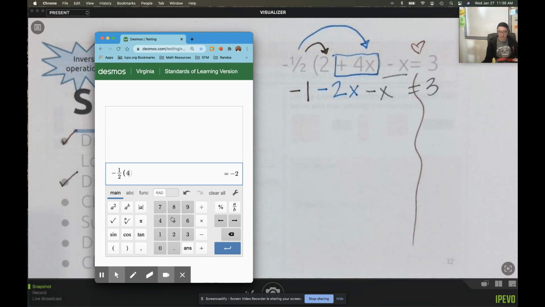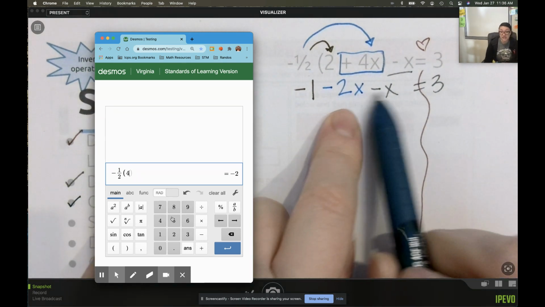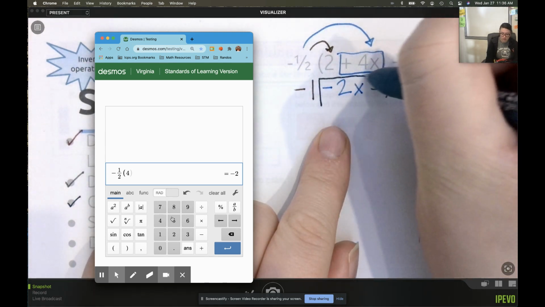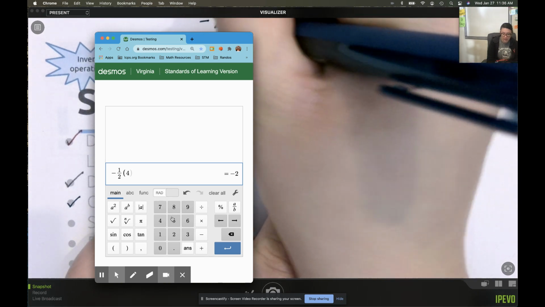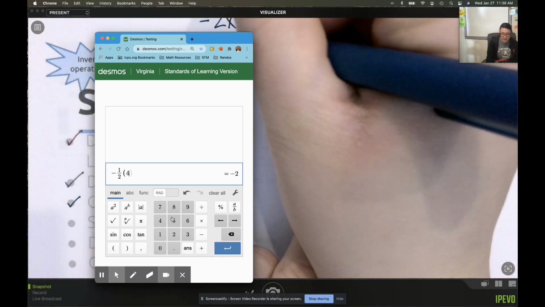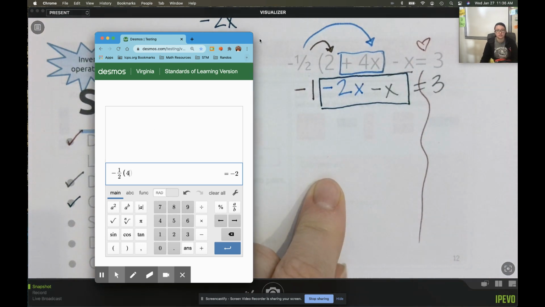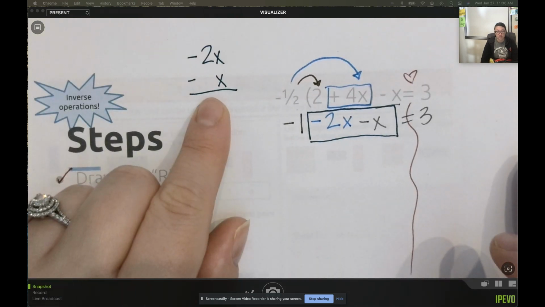Now I can combine my like terms. I see I have two numbers with x's in them, so I can combine those. I have a negative 2x minus x. What's that imaginary number that goes in front here?